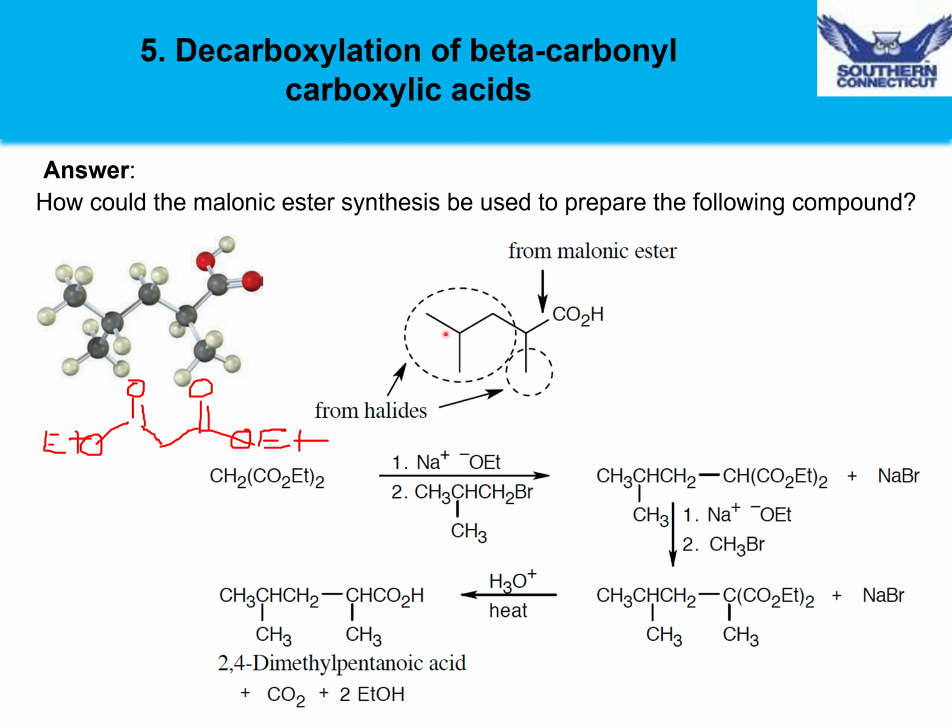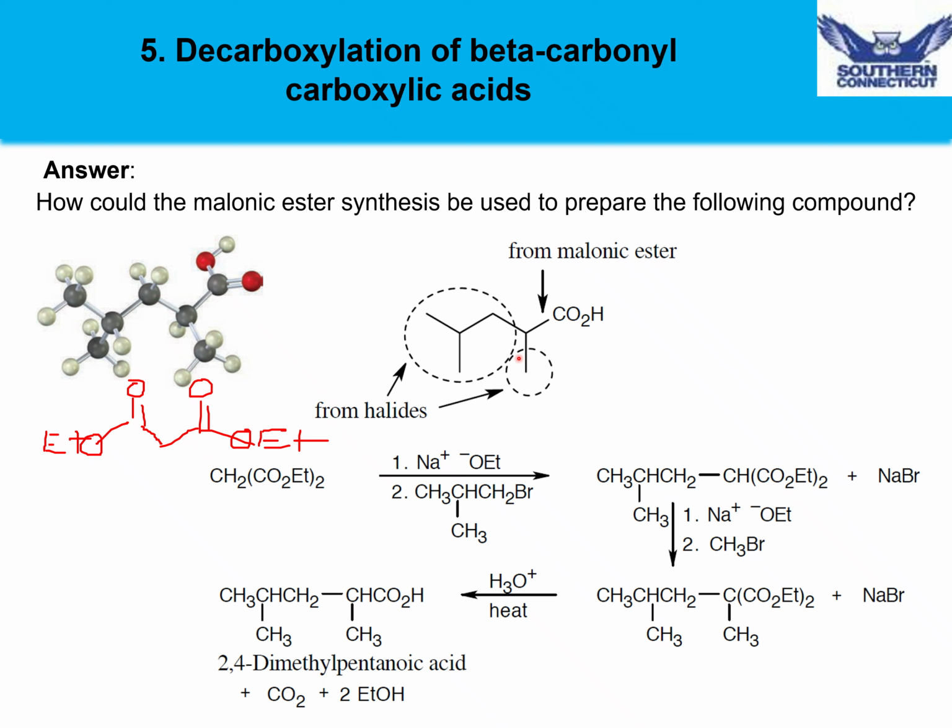So if we're trying to make this particular carboxylic acid, which is shown here in the skeletal structure, this is what the question asks. We just converted it to a skeletal structure. Thinking about this reaction backwards, we want to have a diester. So here's a carboxylic acid that would come from an ester, and we would have another ester coming from that same carbon.